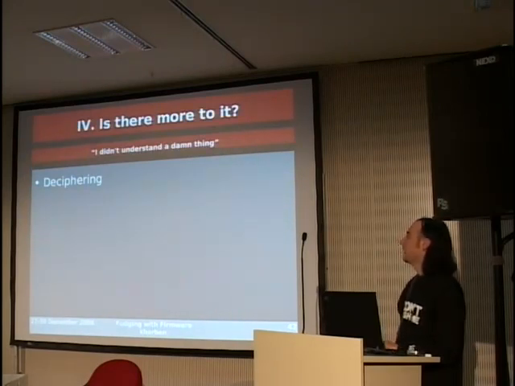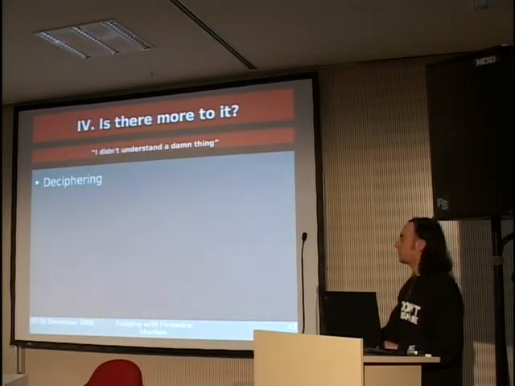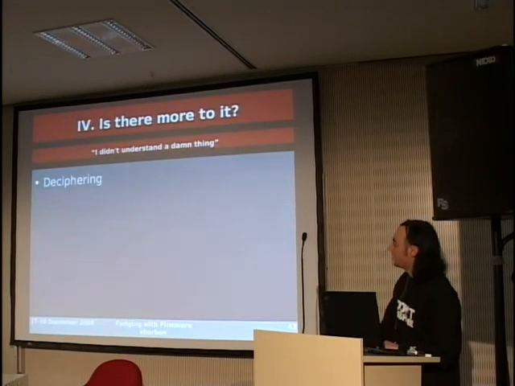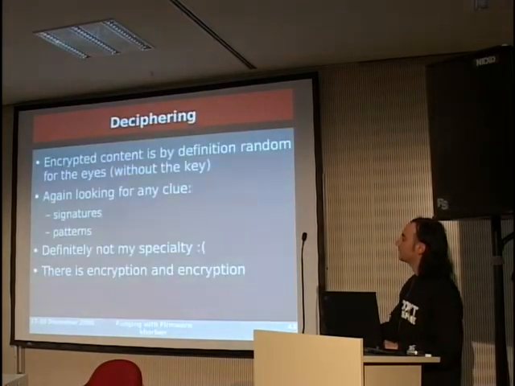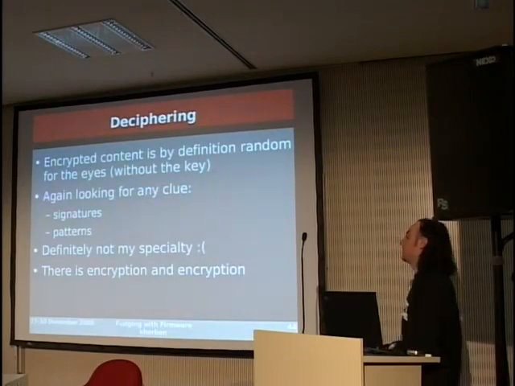Now, if at this stage we are still stuck because the vendor did a really good job or it's ciphered in a way and not just compressed or twisted, we can consider ciphering and deciphering. By definition, encrypted content looks random to the eyes.